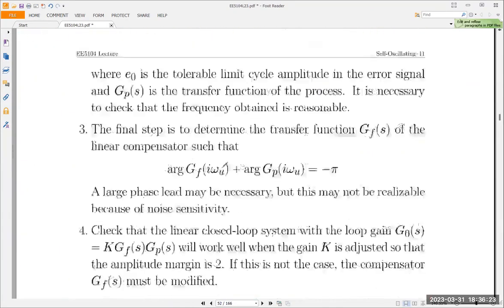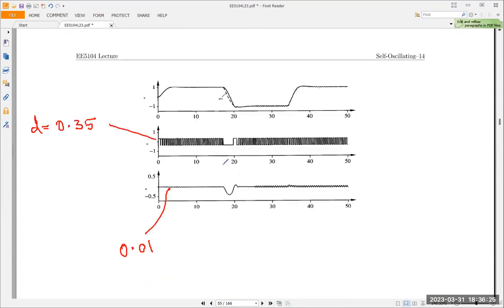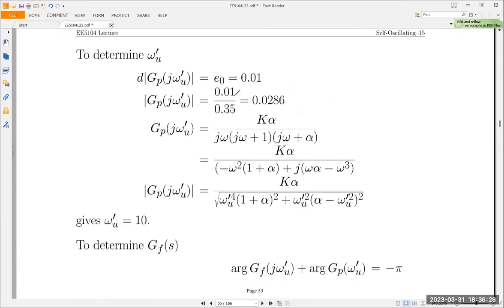So let's go and find that frequency. So you look at the maths. All right. This is the gain that you're supposed to have. Omega u prime is the new frequency. And since G is given like that, you multiply things out. You find the amplitude is like that. Then you take this amplitude, you equate it to this.